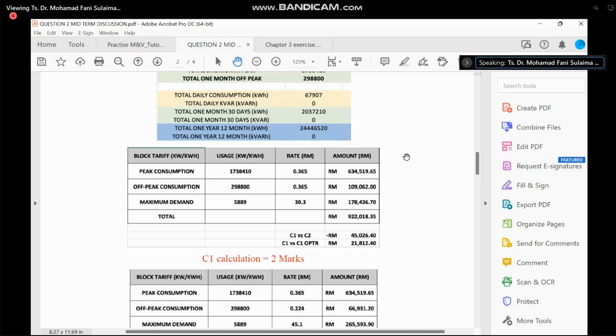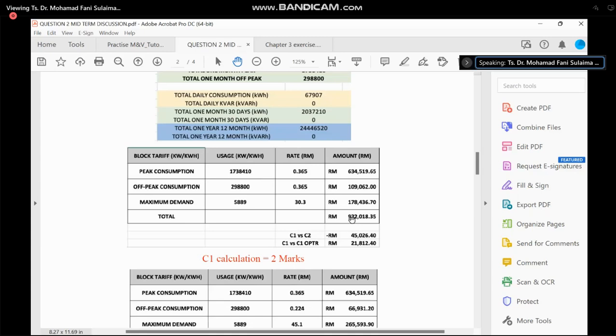Because in the appendix, the tariff table is given in sen per kilowatt hour, but you need to convert to RM. 0.365 for C1, the flat tariff, the same price for peak and off-peak. And for maximum demand, it's a one-off rate, which is 30.3 ringgit.